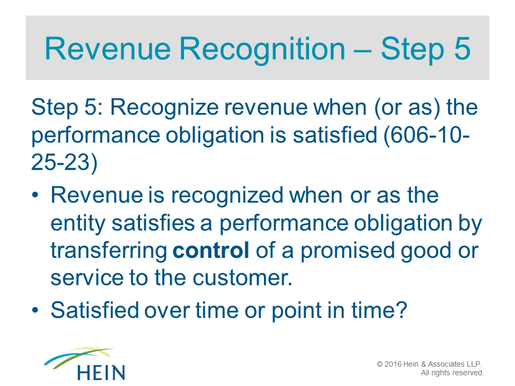And if it defaults to point in time, the question is, what is that point in time? Another core element of the standard is that we really focus on control, and when that control passes to the customer. That's really the guideline to make these determinations.